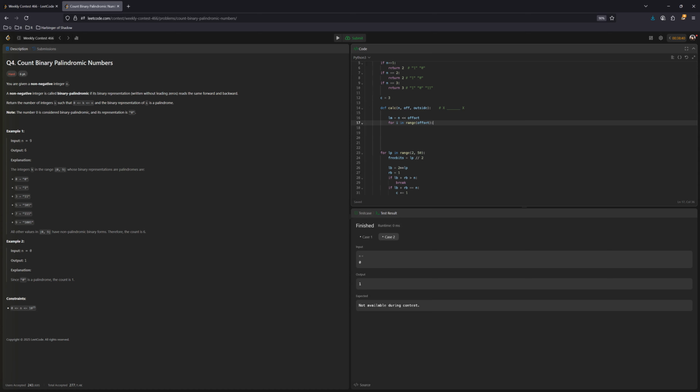It's the only way. So for i in range offset. I feel like there's going to be an inflection point, right? A mirror point. We're going to say this is the center, and then this number gets mirrored over here, and this number gets mirrored over here, and that was supposed to be the same length.